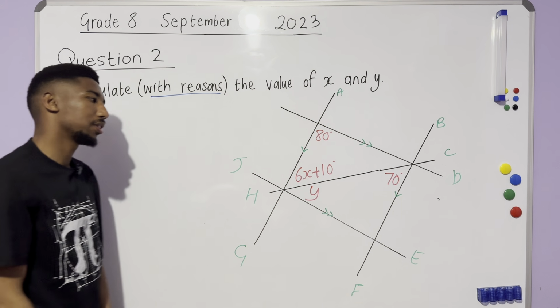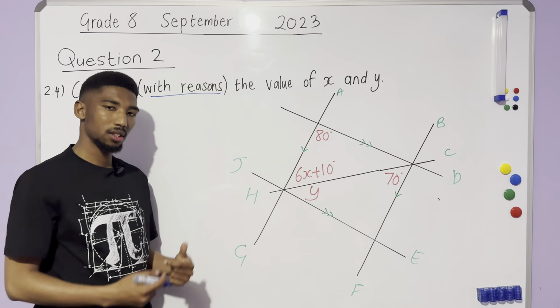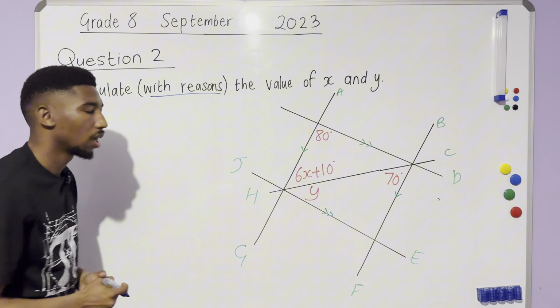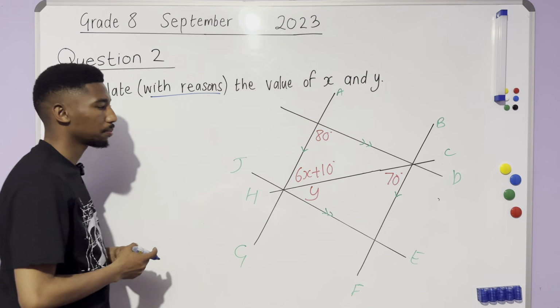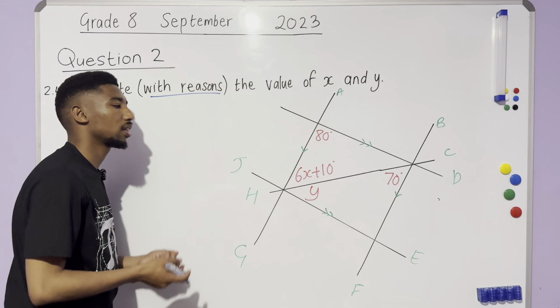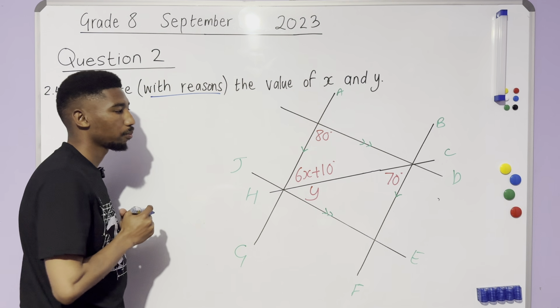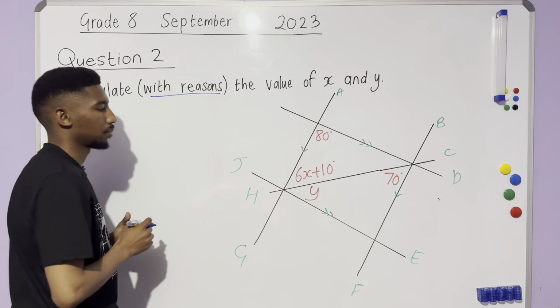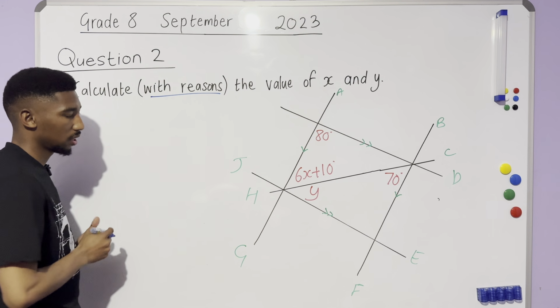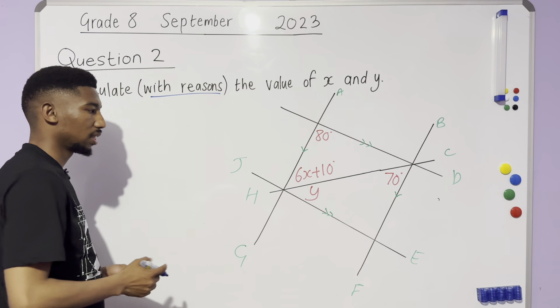In the next question, we are tested a bit more and a bit extensively. However, if you remain calm, you can see that there are alternating angles, corresponding angles, and co-interior. So do not panic. Firstly, we can see the angle 6x plus 10, and we can see the angle 70.